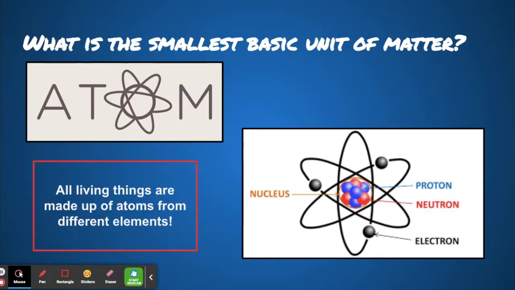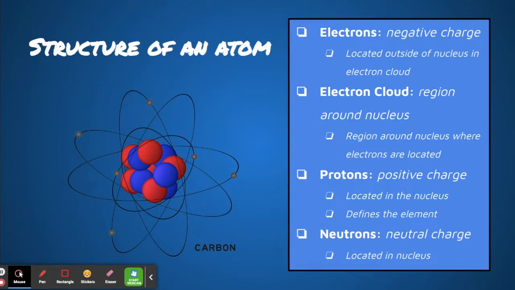Now, all living things are made up of atoms, and these atoms are specific to specific elements that are found within the periodic table. So if we look at the components of an atom, electrons are negatively charged, and like we said, they're outside the nucleus in an electron cloud, the region around the nucleus.